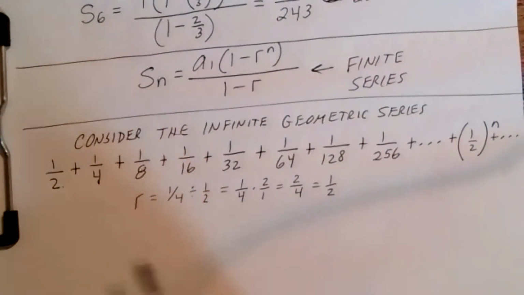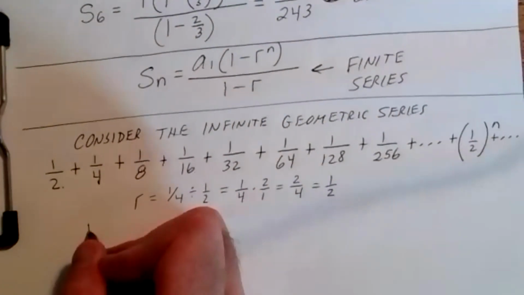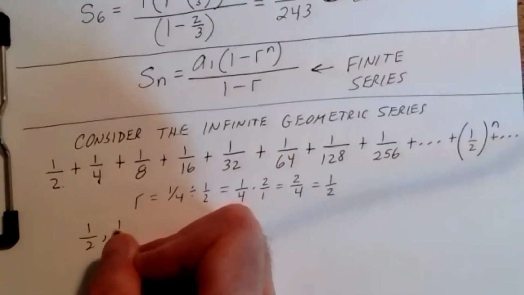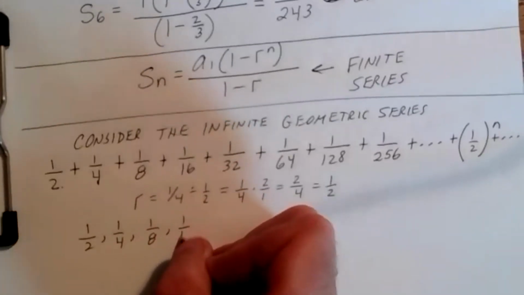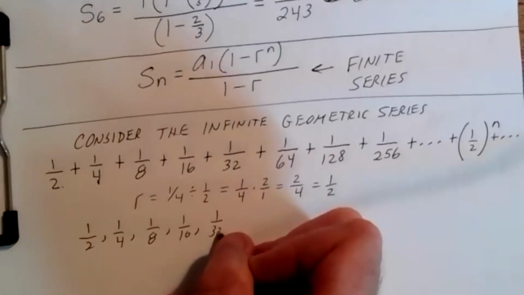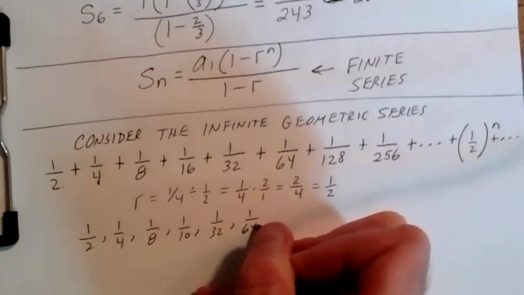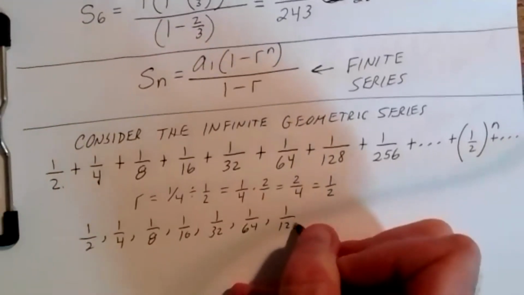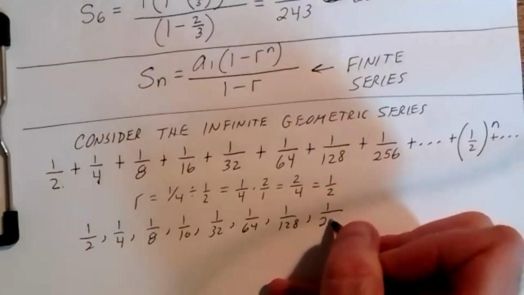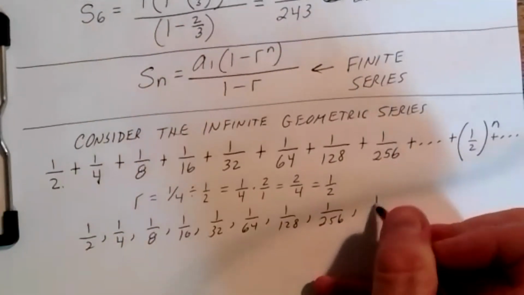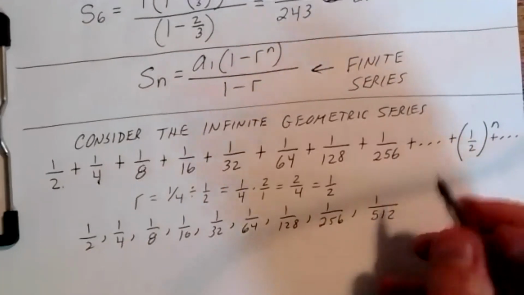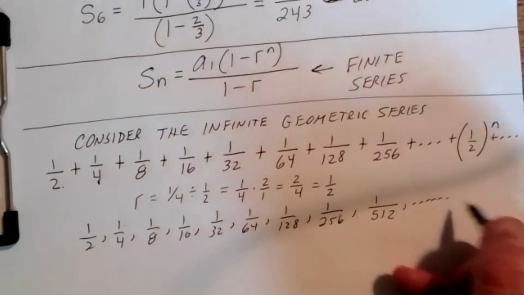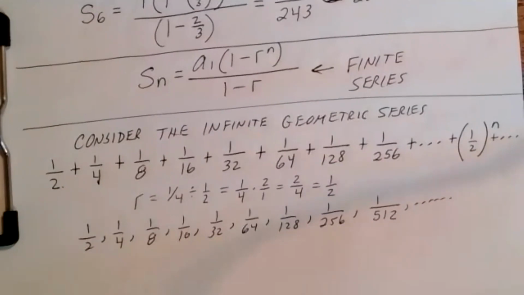I have a question for you. The associated geometric sequence is 1/2, 1/4, 1/8, 1/16, 1/32, 1/64, 1/128, 1/256, 1/512, ... What do you notice about the terms of this geometric sequence, ladies and gentlemen?